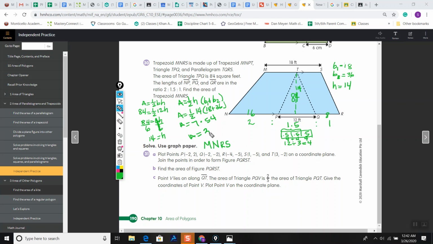Let me double check. I think it's 378. 378 feet squared. And there's my answer.